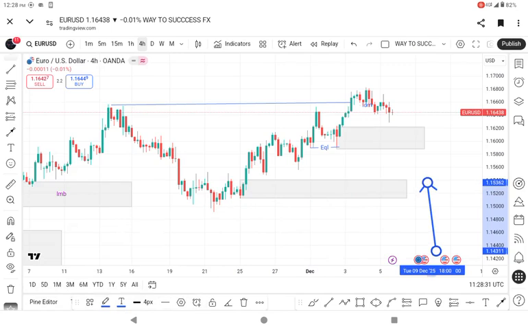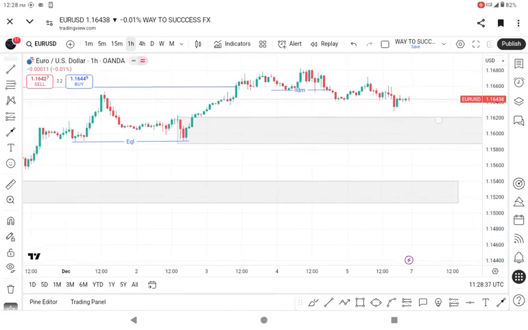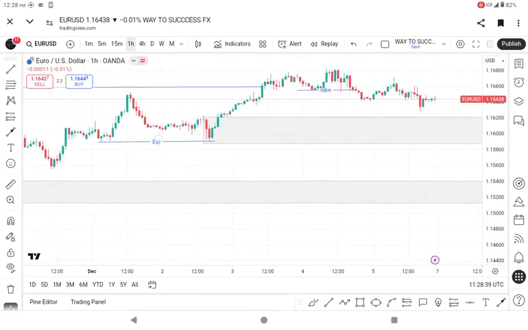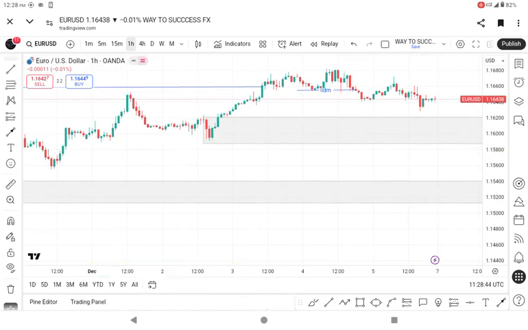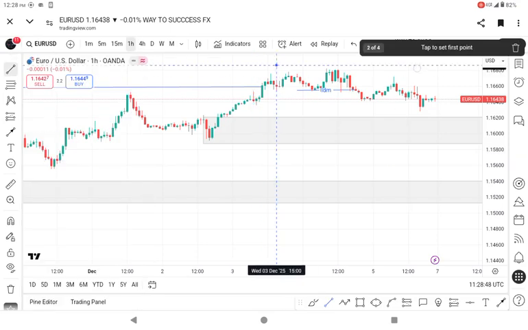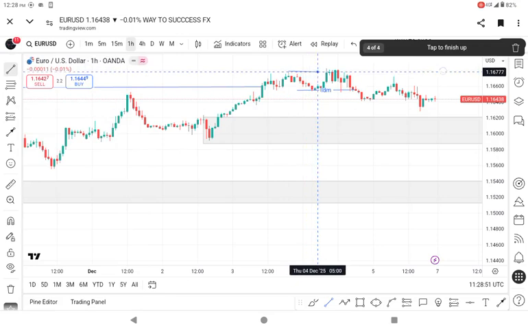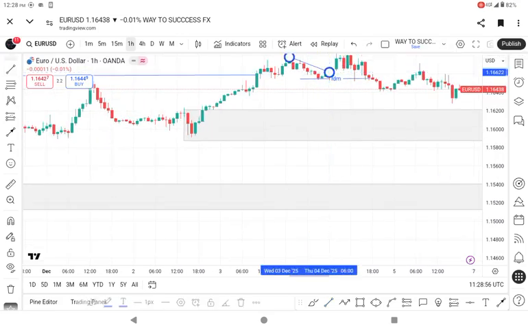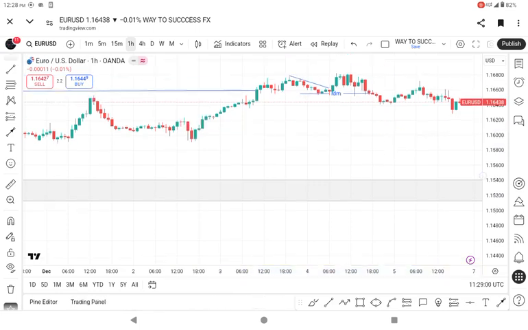And let's check the H1 time frame to see what we have. So here in H1, this is what I have. My last break of structure happened at this level. Price broke this high, but did not close above it.